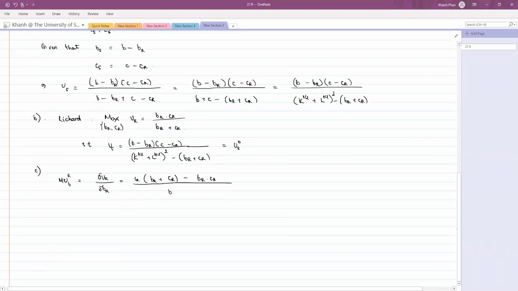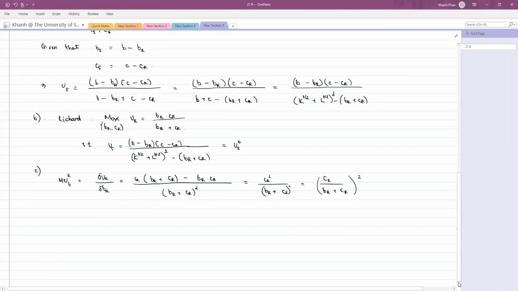And everything divided by BR plus CR squared. So simplify this. I'll expand the bracket over here. CR times BR minus CR times BR will just cancel out. So what I'm left with is just CR squared divided by BR plus CR squared. So that is CR divided by BR plus CR, everything squared.